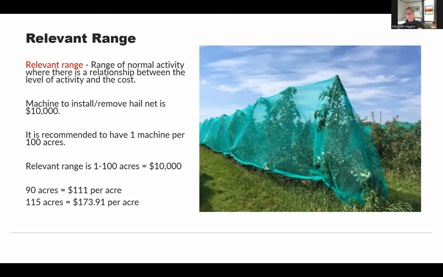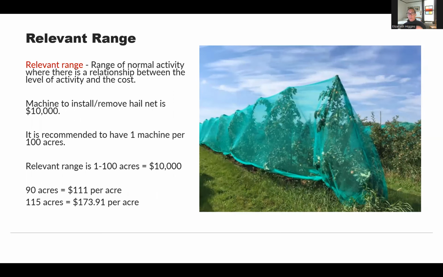The relevant range is that normal activity where there's a relationship between the level of activity and a cost. So if we think about a machine to install and remove hail net, if it's $10,000 and it's recommended to have one machine per 100 acres, the relevant range for that fixed cost is between 1 and 100 acres.